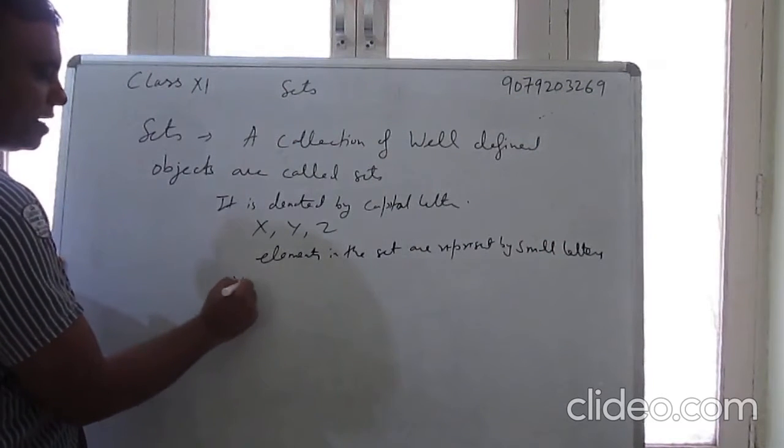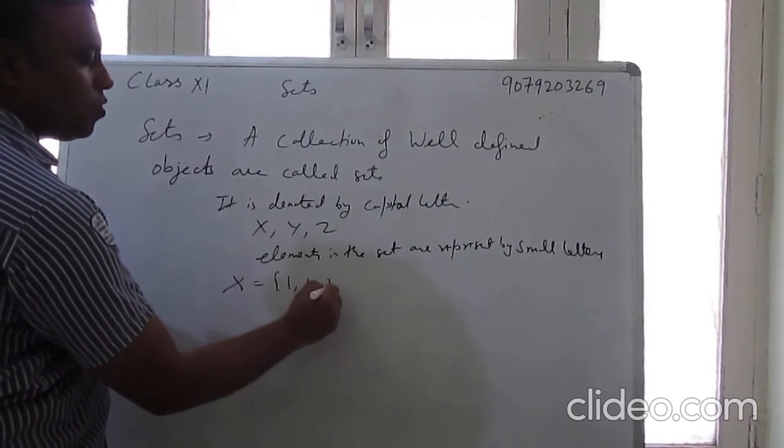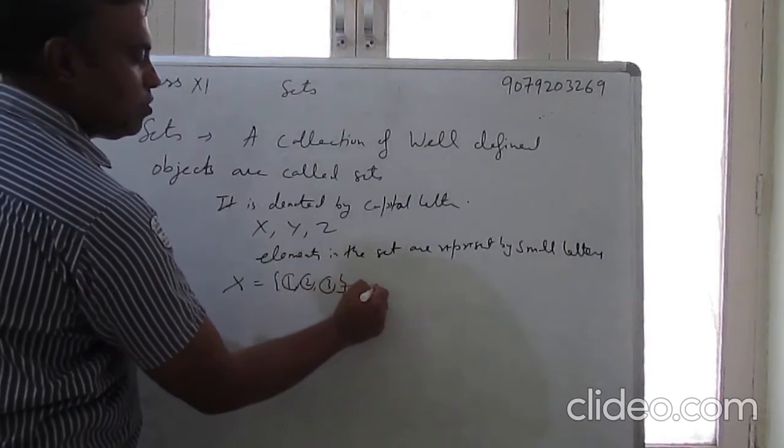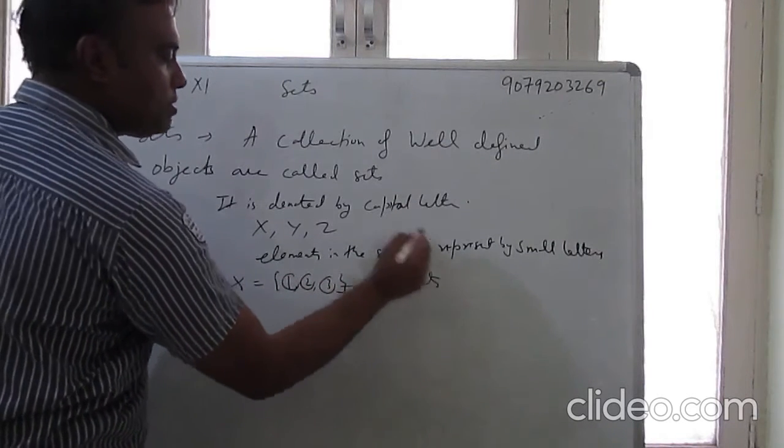For example, X = {1, 2, 3}. Here 1, 2, 3 are called elements.